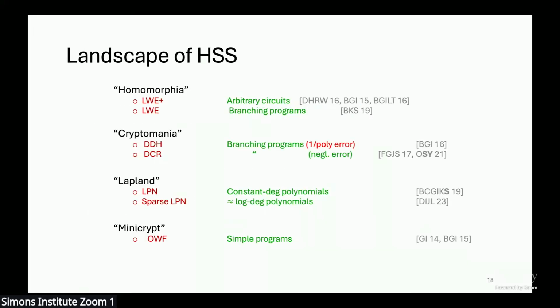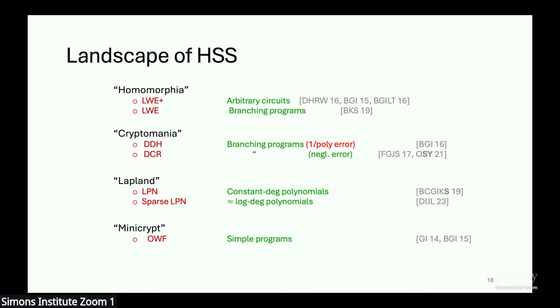Okay, so this might look slightly familiar from Alette's talk, but now instead of PCGs, we're talking about HSS. There is a similar landscape to the different kinds of assumptions and worlds we have. At the top end, based on LWE or FHE-style assumptions, you can get HSS for arbitrary circuits.